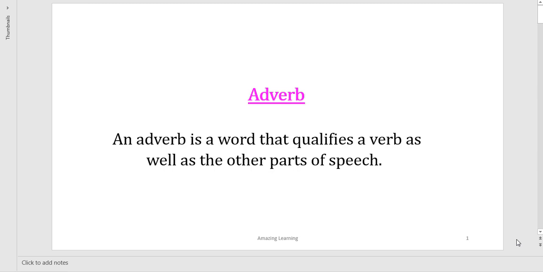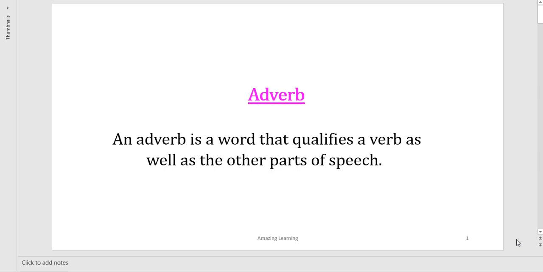One more thing you can notice is that the word which is attached to the verb would be considered the adverb. Attached doesn't mean that it is really closer to the verb, but somewhere in the sentence the verb is qualified by that specific word, which is considered the adverb.